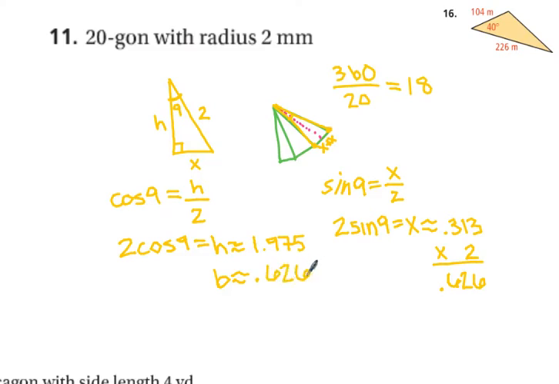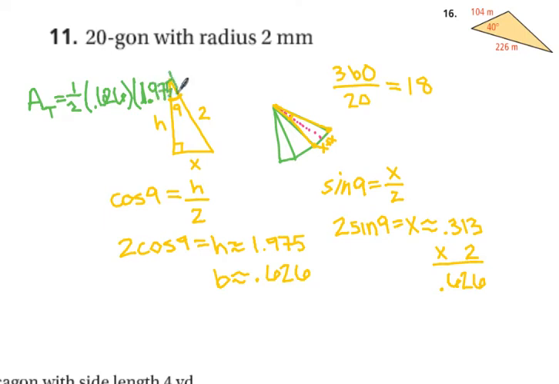Same exact situation, where we'll have the area of our triangle equals 1/2 our base times our height, 1.975.